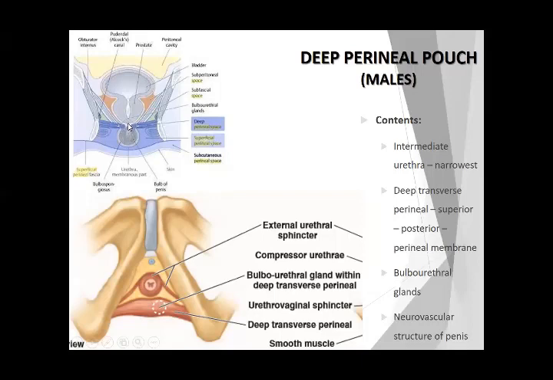The urethra that is present in the deep perineal pouch is called the intermediate urethra, or also called the membranous urethra. Membranous or intermediate urethra is that part of the urethra which is present in the deep perineal pouch.